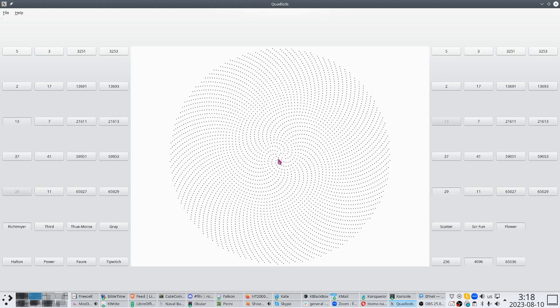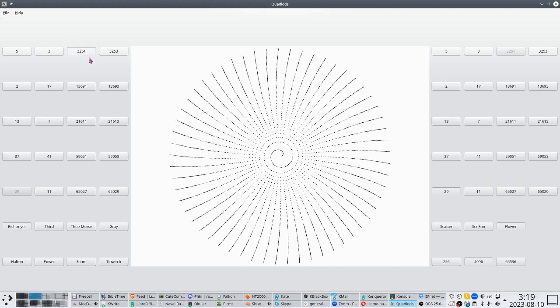Large twin primes cause problems for both Richtmyer and Halton, especially the primes that are 2 and 4 more than a square. Of course, 5 and 3 are 2 more and 4 more than a square, but they are small, so they don't give this problem.